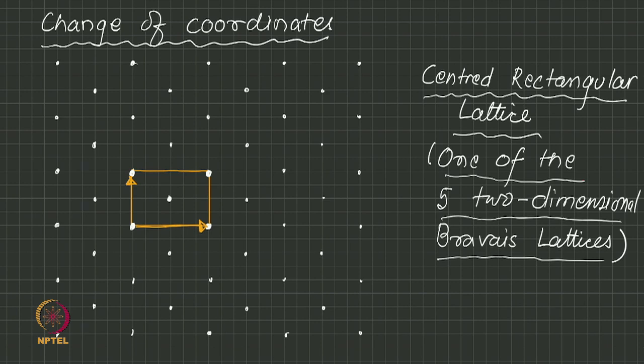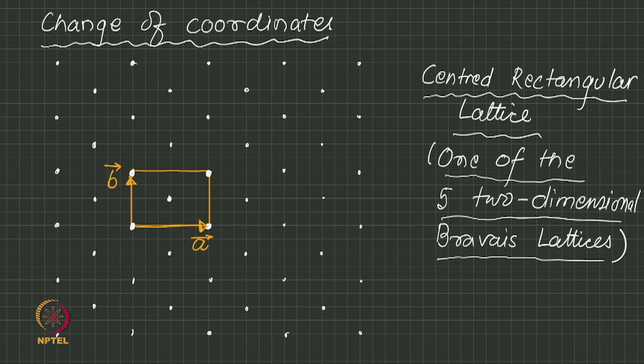So, the conventional unit cell is defined by one of the basis vectors along one edge of the rectangle, another basis vector along the other edge of the rectangle. So, A and B are the nice crystallographic coordinate system, the conventional crystallographic coordinate system of this lattice.